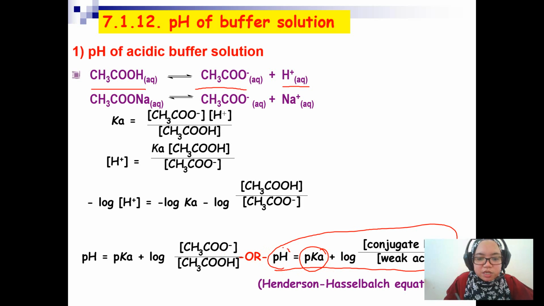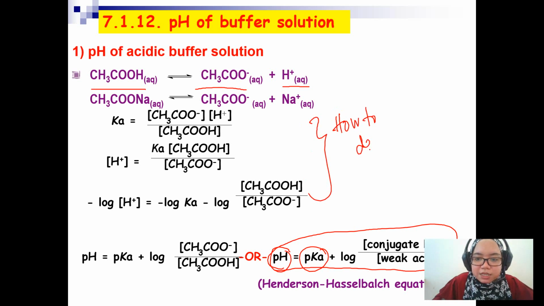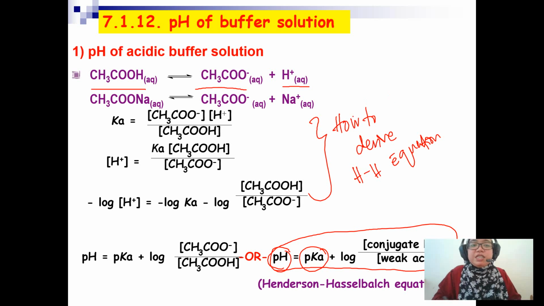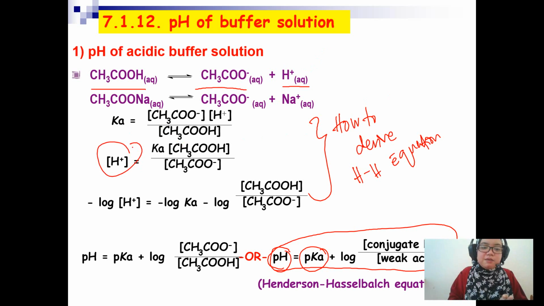Okay, so you boleh cari pH menggunakan this equation. So this is actually shows how to derive the Henderson-Hasselbalch equation. Okay, so kita guna Ka lah, untuk cari yang ini as a subject, and then you negative log dua-dua side untuk dapatkan this final product.